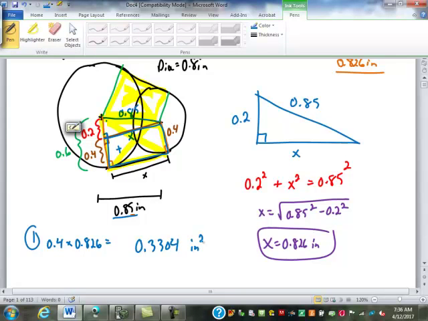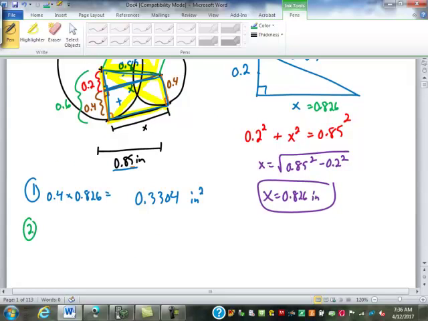That's in square inches. This triangle here, by the way, is 0.2 times 0.826 divided by 2 because it is a triangle. It gives us 0.0826 inches squared.